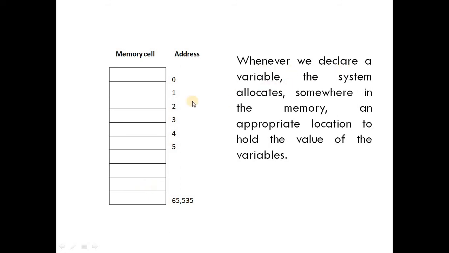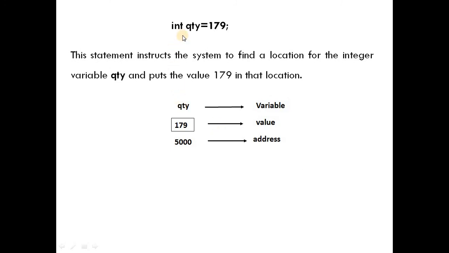Whenever we declare a variable, a free byte will be allocated by the system, that byte will be given some address, and the value will be stored at that particular byte. Next we'll see an example.